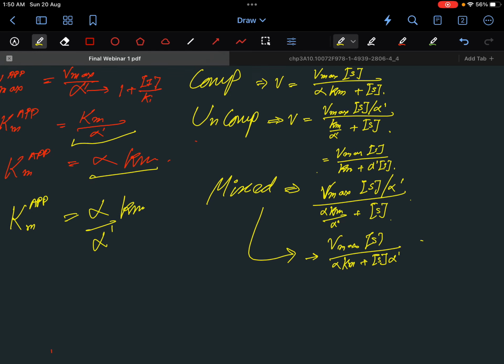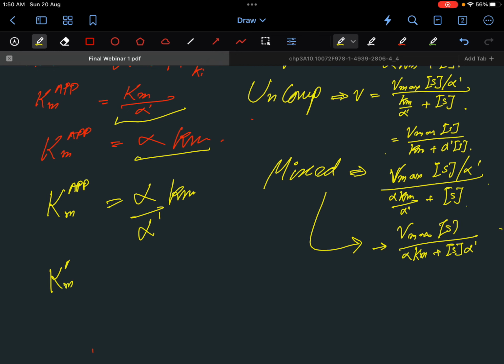Now, when does mixed become non-competitive? The only time mixed becomes non-competitive is when Km apparent is equal to Km, because Km is not changing in non-competitive. When is this possible? When alpha is equal to alpha dash.